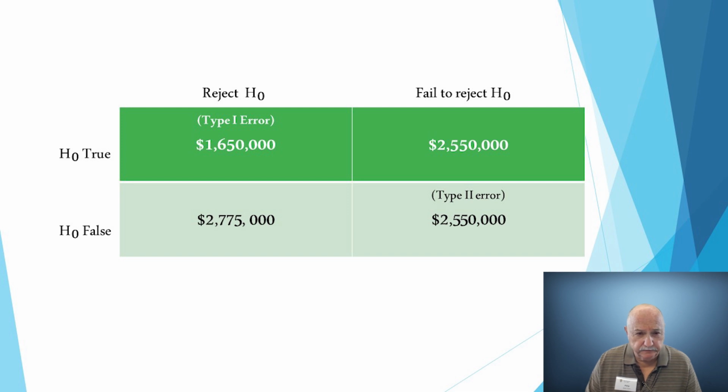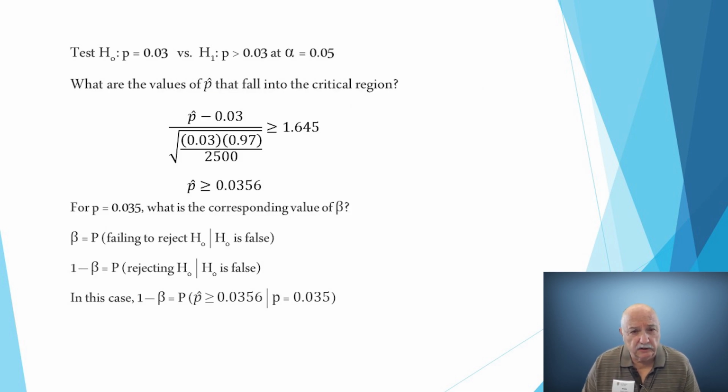All right, so let's take a look at the actual test of the null hypothesis of the 3% pull versus the alternative of a population pull that's greater than 3%. And we're going to do this at a level of significance alpha, which we're going to set at 0.05.